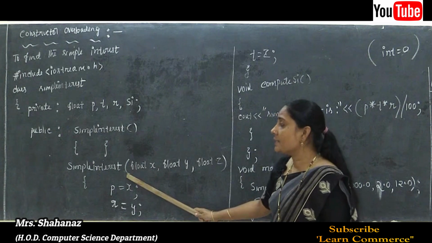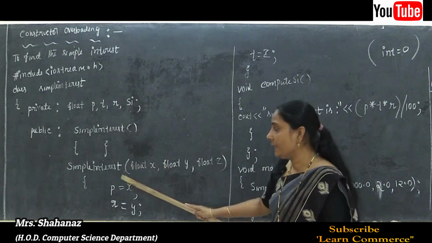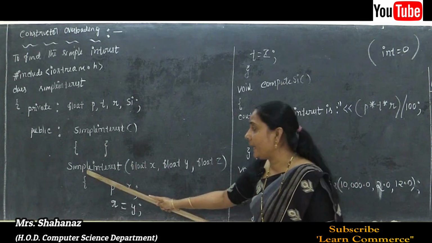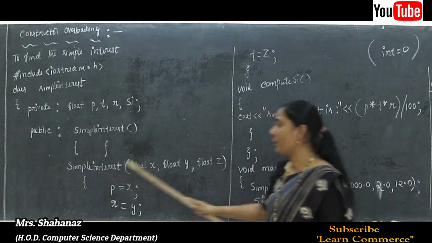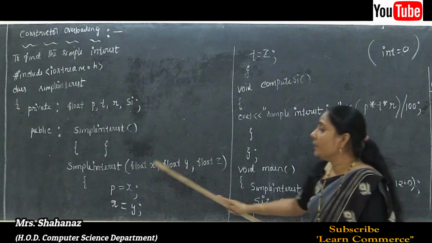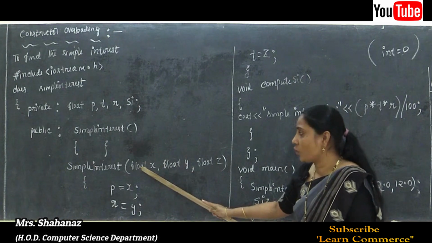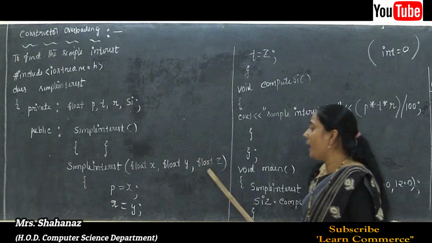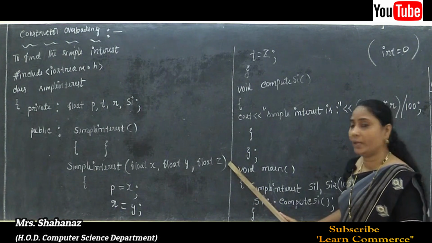And later, in the second definition in this program, again I am using SimpleInterest, but with a three-argument constructor. The three arguments are float x, comma, float y, comma, and float z, but there is no semicolon. Why?